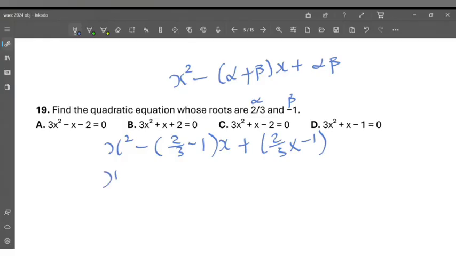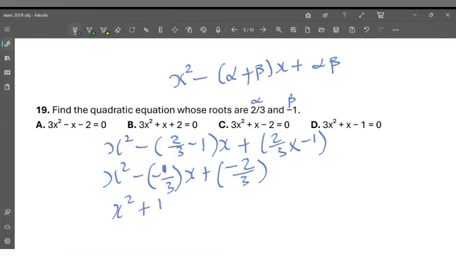So this gives me x squared minus (2 over 3 minus 1 is minus 1 over 3) x plus (2 over 3 times minus 1 is minus 2 over 3). All right, so let me open the bracket. I have x squared, minus minus will become plus 1 over 3 x, and then plus times minus will become minus 2 over 3.